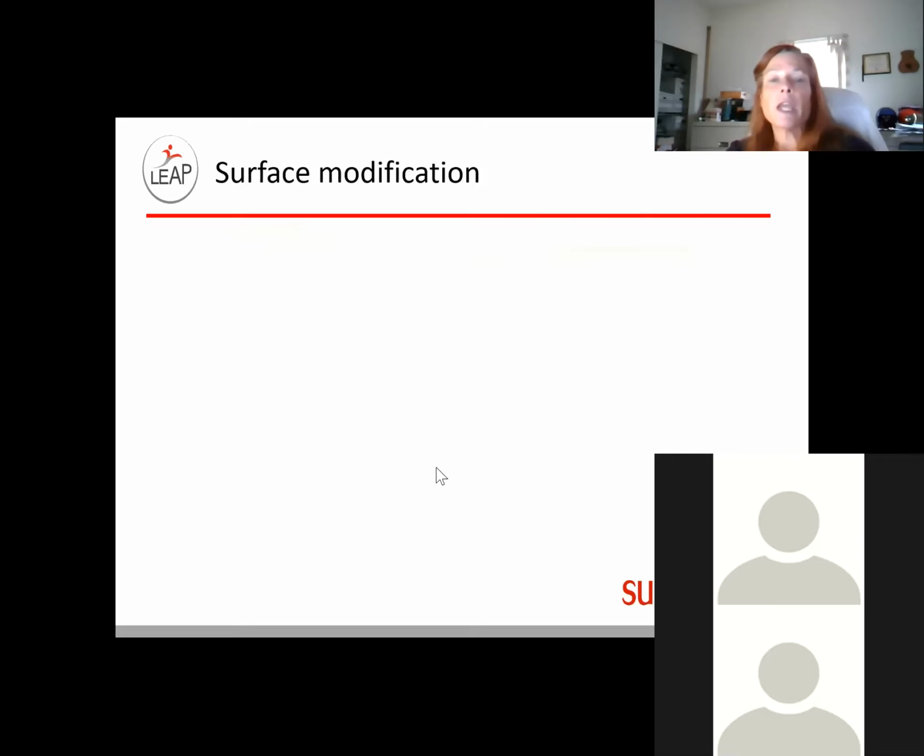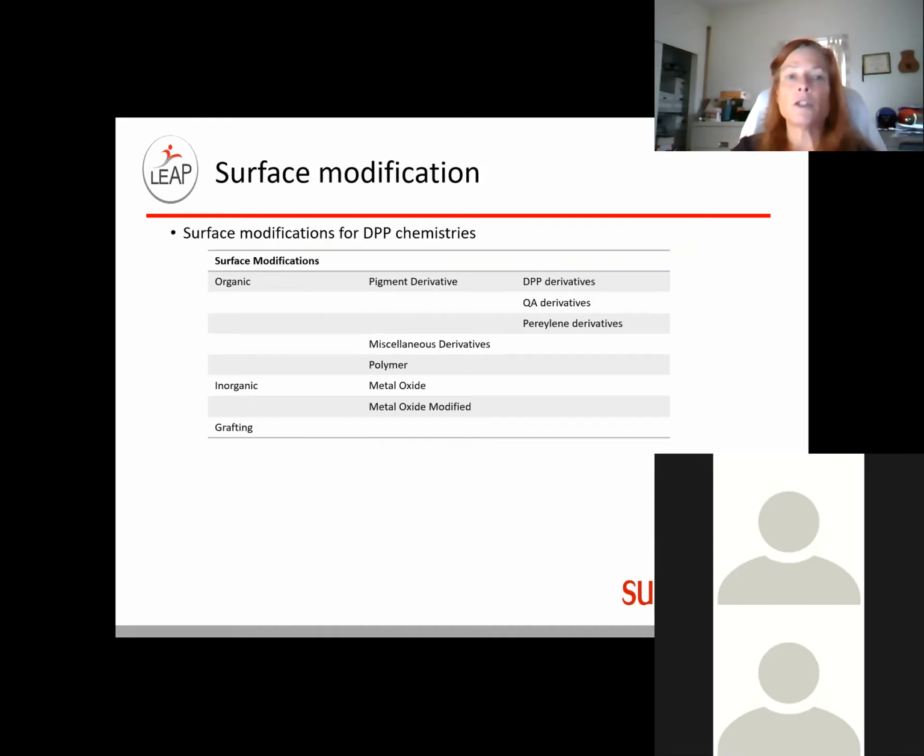I talked about surface modifications with respect to DPP chemistry. There are many ways to do surface treatments and surface modifications. The most common ones we see here are on the organic side, using pigment derivatives, or synergists is another term that is used.